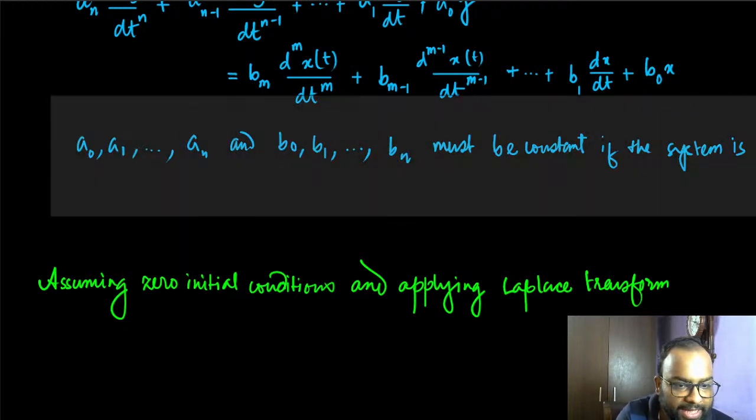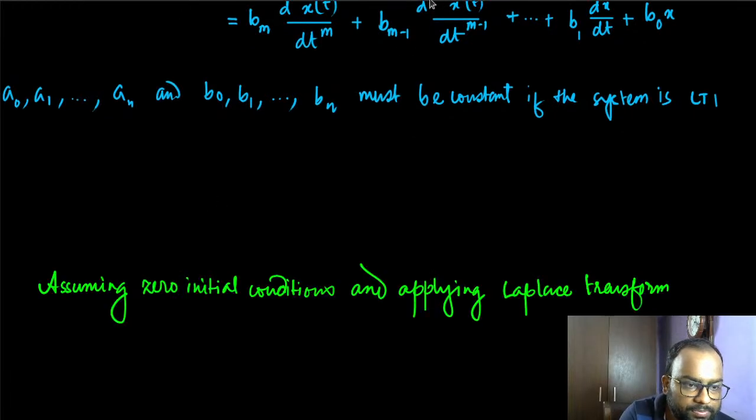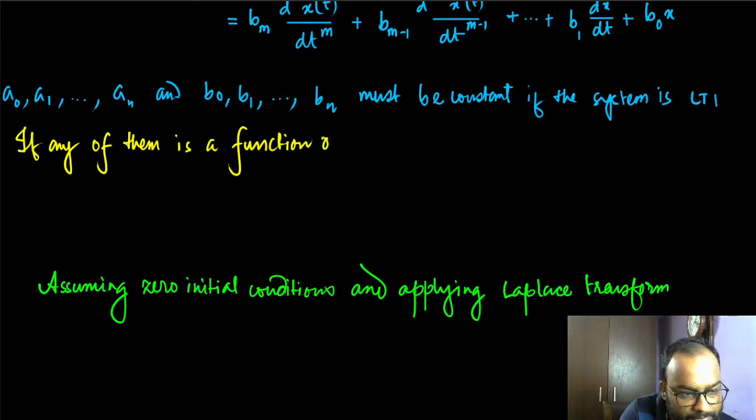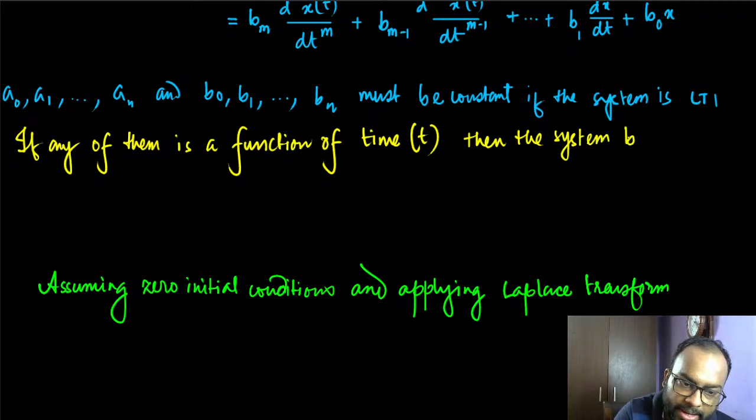Just to mention once again, if any of them is a function of time t, then the system becomes time variant.